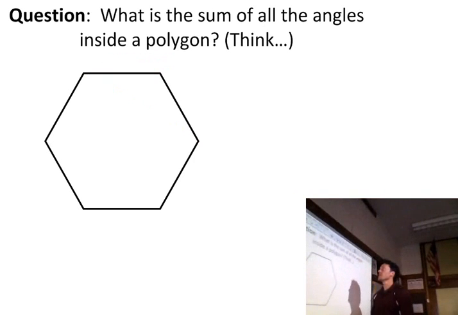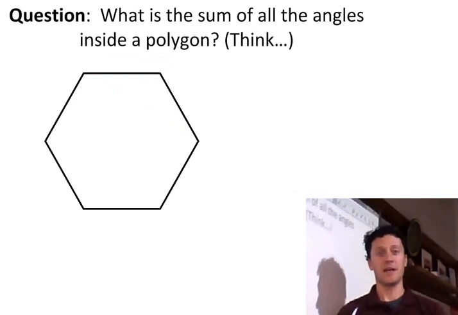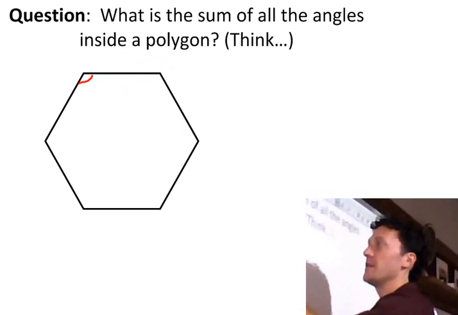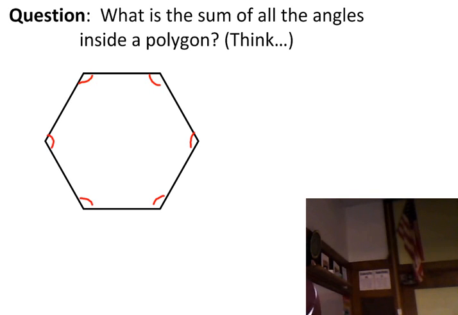We're going to use some other diagonals to figure out how many degrees are in a polygon. And here's the question: what's the sum of all the angles inside a polygon? So we're talking about this angle, this angle. We're going to add all these angles up. Here's what we're going to do. I'm going to draw in a diagonal.